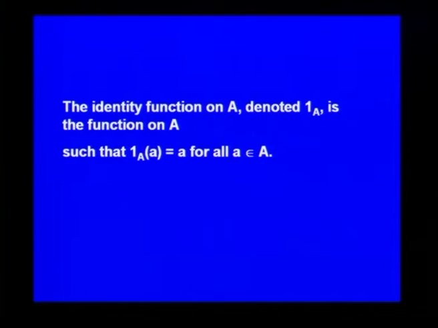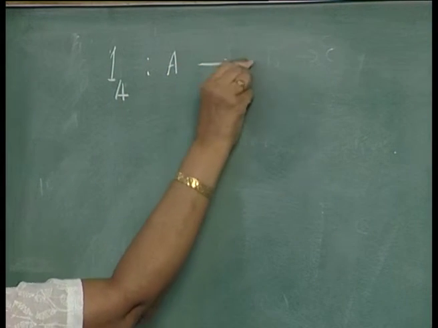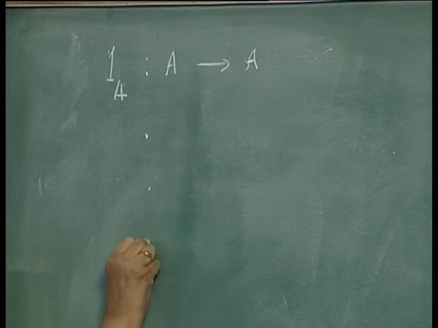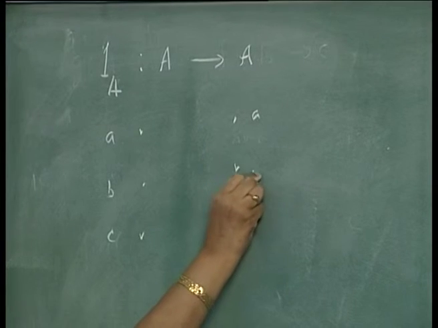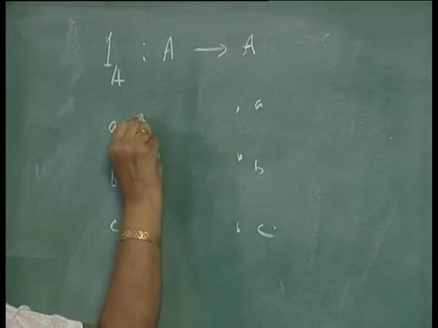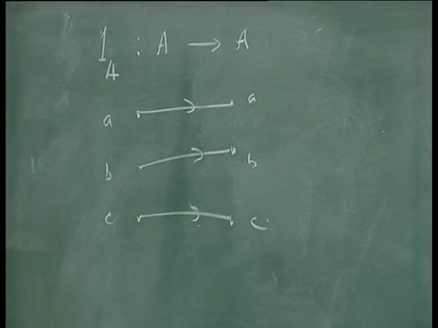The identity function 1_A is a function on A, that is here B is the same as A. So, the identity function which is denoted by 1_A is a mapping from A to A. So, if you have, say, a, b, c and a, b, c, a will be mapped onto a, b will be mapped onto b, c will be mapped onto c.